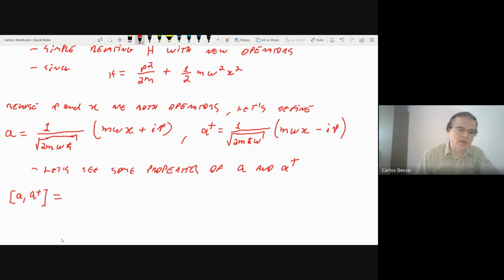So we can put numbers outside the parentheses of the commutator.